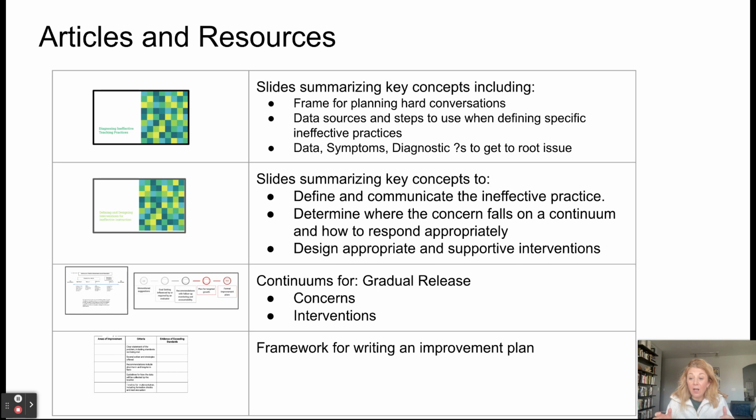And so it's going to start off by, again, reviewing that diagnostic process. And one part of the diagnostic process that I do want to highlight is that one of the questions that you ask yourself is, is this something that we are seeing across classrooms?